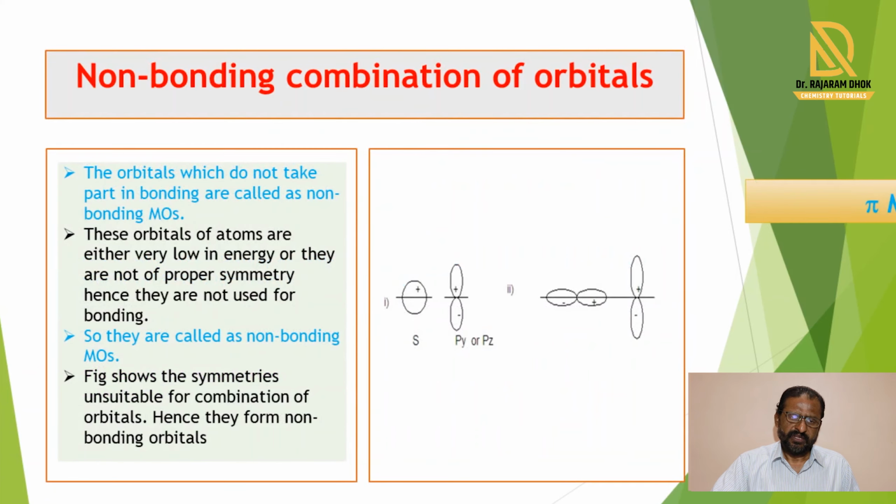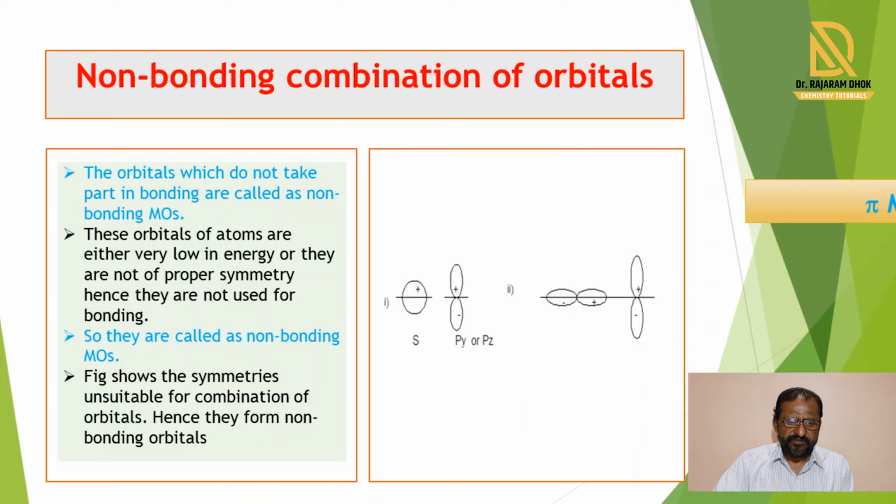Now we see one of the last points, the non-bonding combination of orbitals. In bonding and anti-bonding, when wave functions are the same or different, bonding or anti-bonding is formed. But in some cases, the two atomic orbitals do not have matching symmetry.